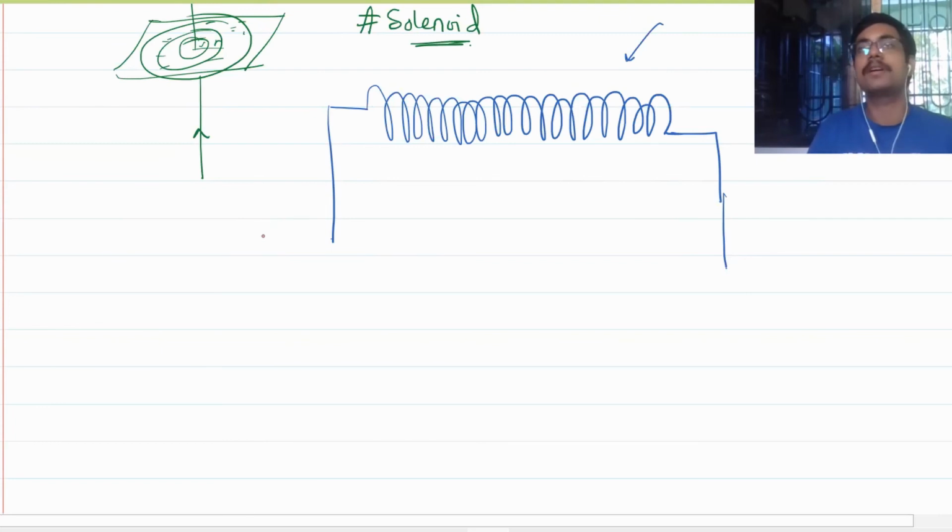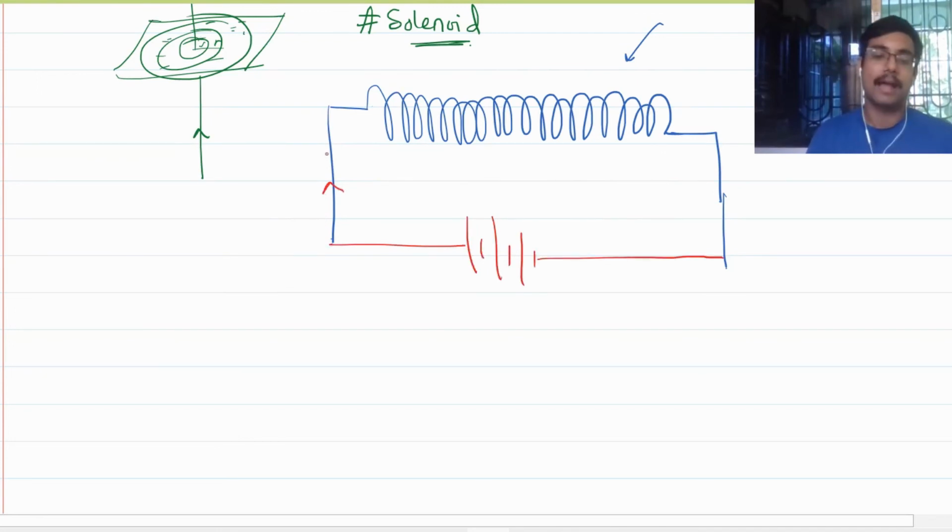Now, what is the property of a solenoid? You will find it very interesting to note the properties of a solenoid. Suppose you attach a battery to this and you let the electricity pass through it. Suppose the electricity is moving like this. If you look from this direction, if you have an eye here, can you see that the electricity is going like this?